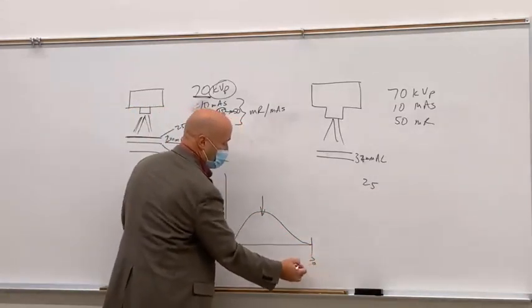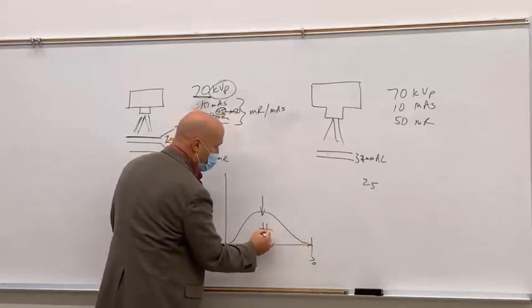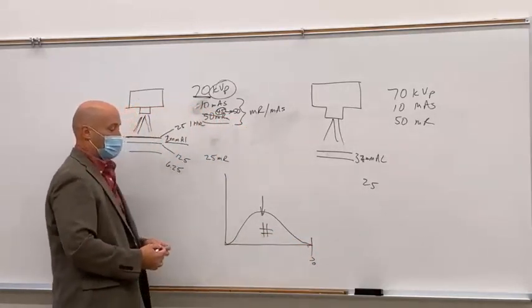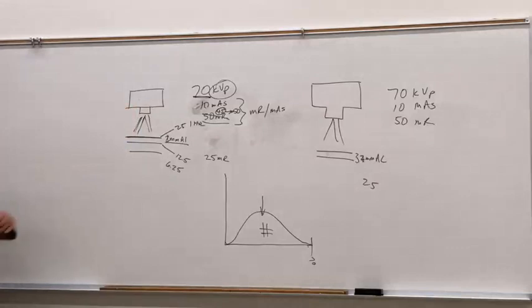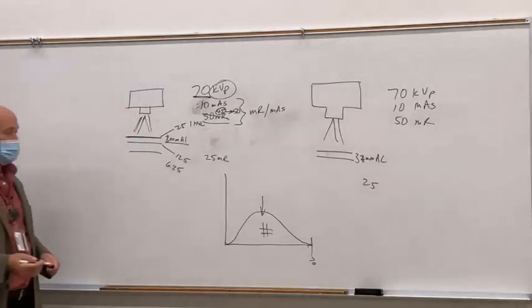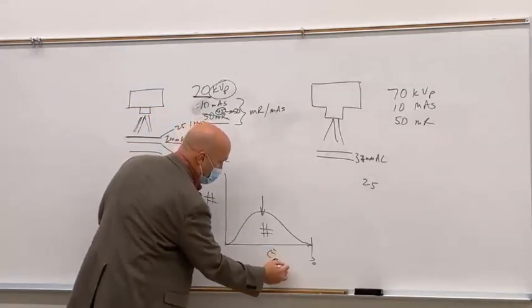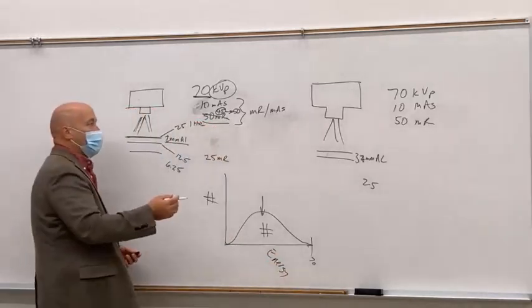So if we set 70 kVp, and this area under here represented the numbers at each energy level, what would you say about 70? A lot of them, not many of them. This represents numbers, and this represents energy level, right? So at 70 kVp, we don't get a whole lot of them, so that's the peak energy.